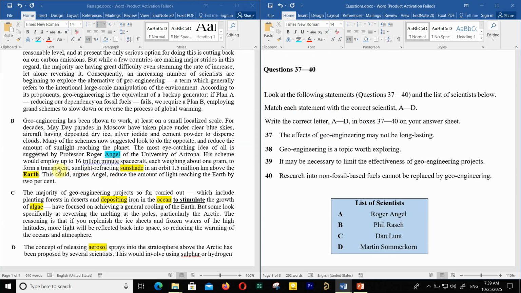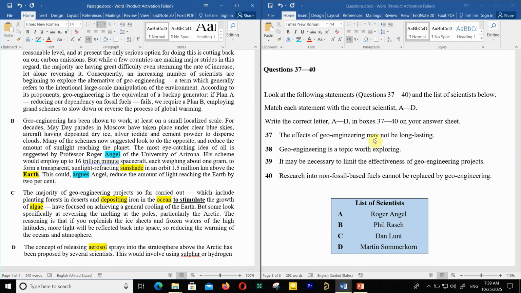But after this sentence, it says that this could, argues Angel, reduce the amount of light reaching the earth. This is the kind of language that we can look for statements. But again, this is just 'argues Angel'. The reduced amount of light reaching the earth by 2%. This is something that we can look for in the questions.